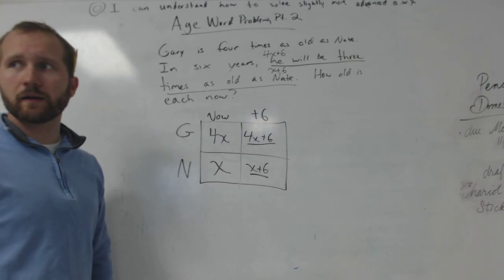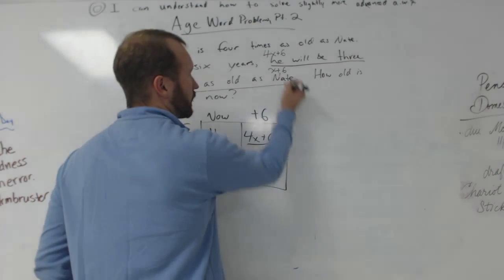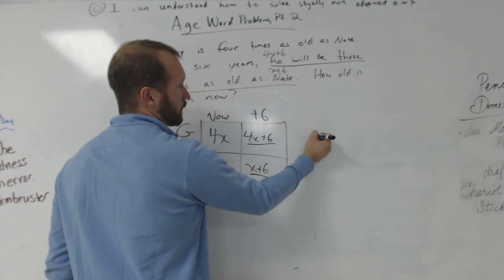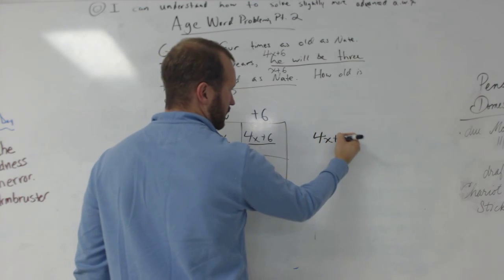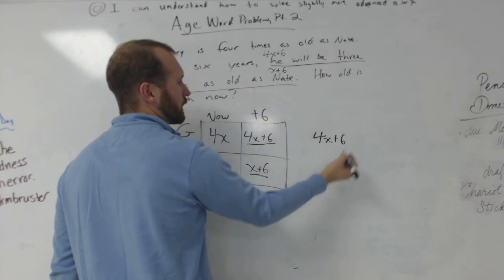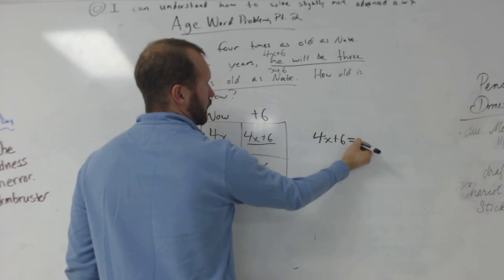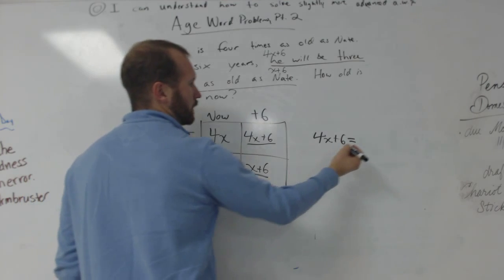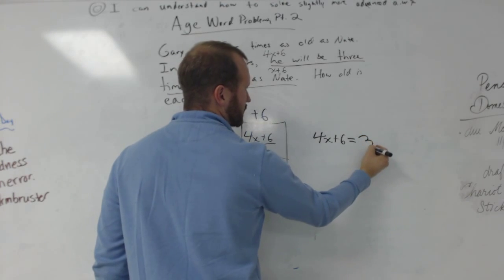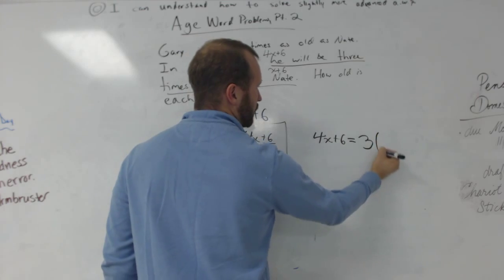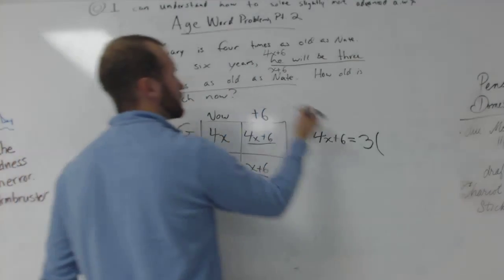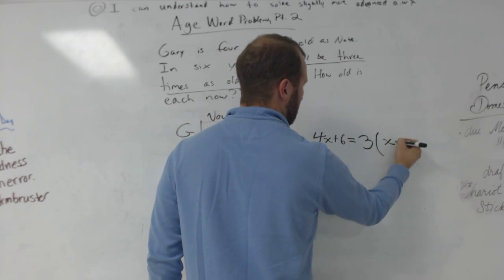What am I going to write for he? Gary, 4x plus 6. 4x plus 6 will be, what am I going to write? Equals. 3 times, what am I going to write? The way I'm going to write it in these problems is 3 parentheses, x plus 6, as old as Nate, x plus 6.